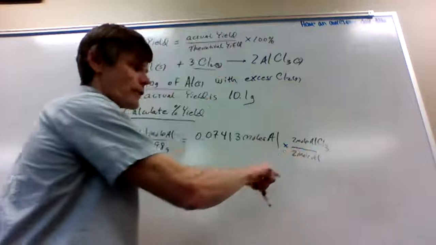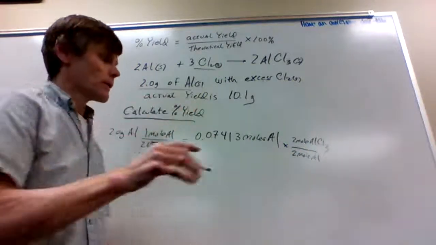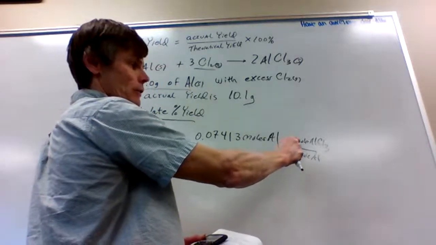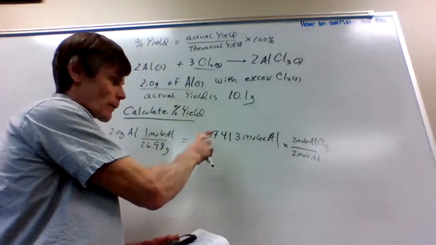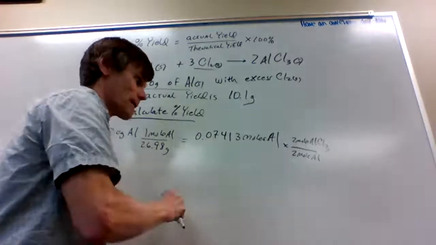And this is the only step where we convert from one reactant or product to another, in which we use the coefficients from the balanced equation. Since each of these are 2, well, that tells us that we're going to create the same number of moles of aluminum chloride.